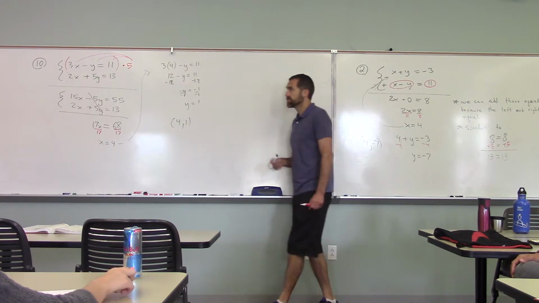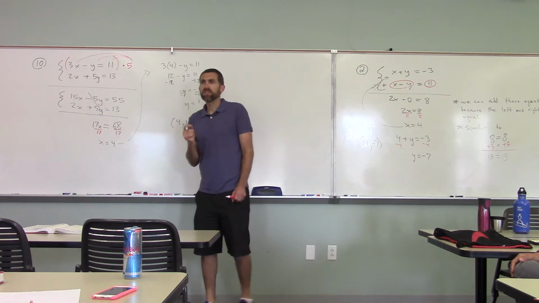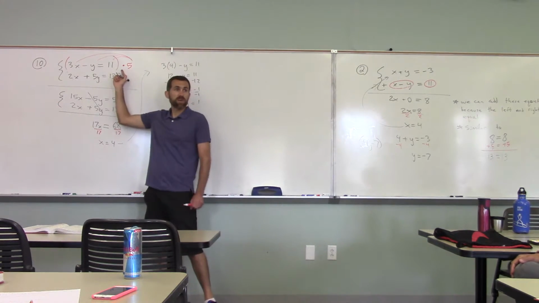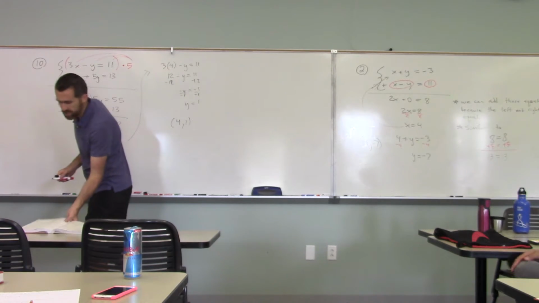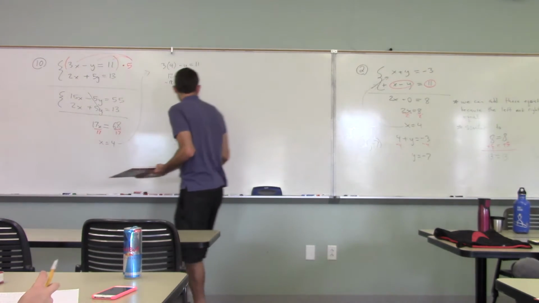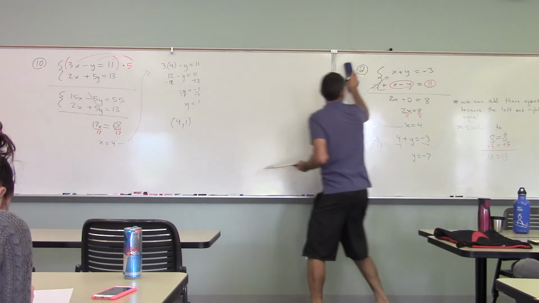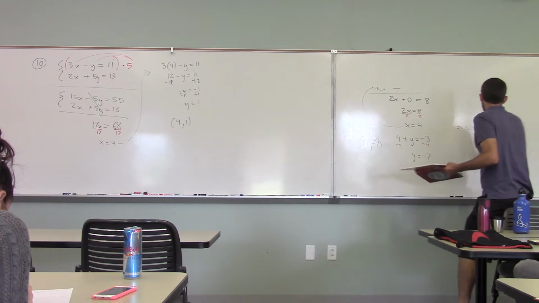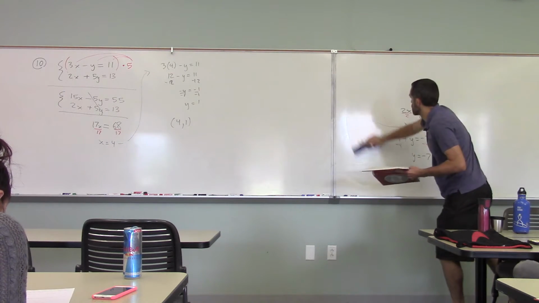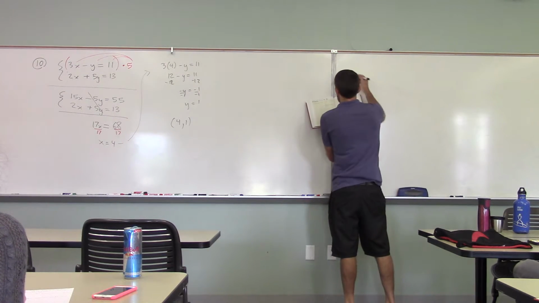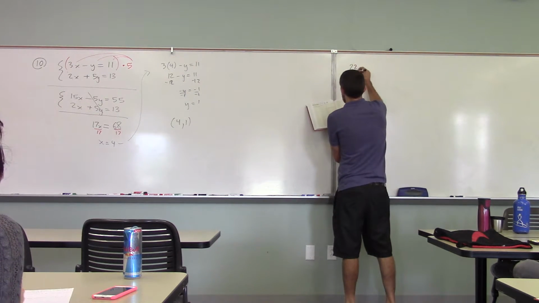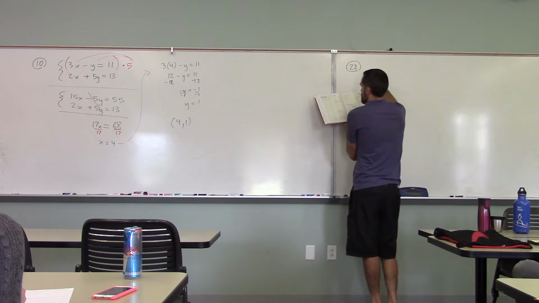Okay? So we'll do one more together. This one, instead of multiplying one equation, we're going to have to multiply both equations. So let's do 22, and then after we do 22, I'll give you some nice general steps to follow. So here's 22.